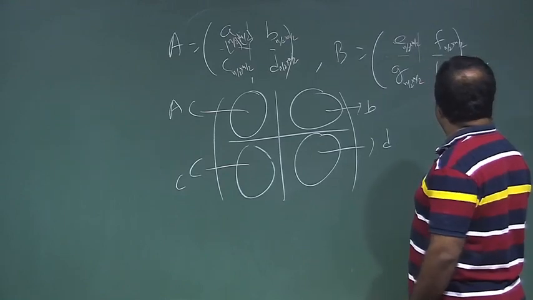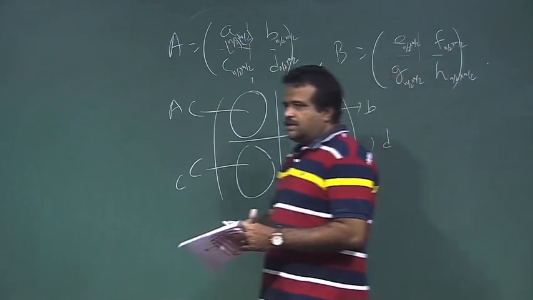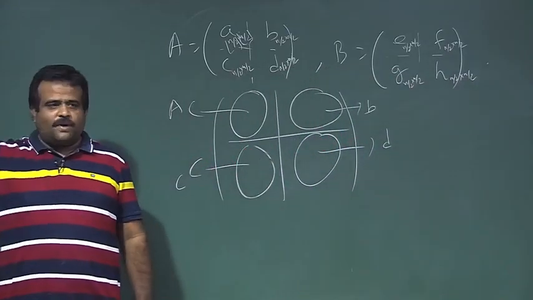So, given a matrix, we just think of it as partitioning into 4 parts.